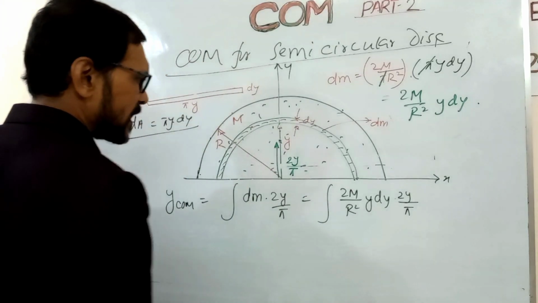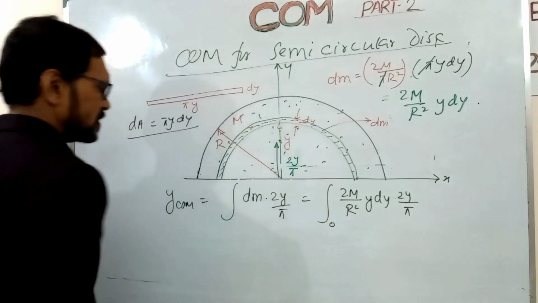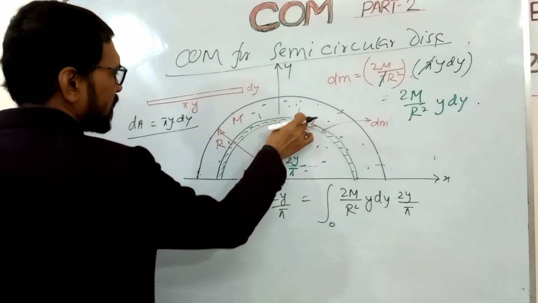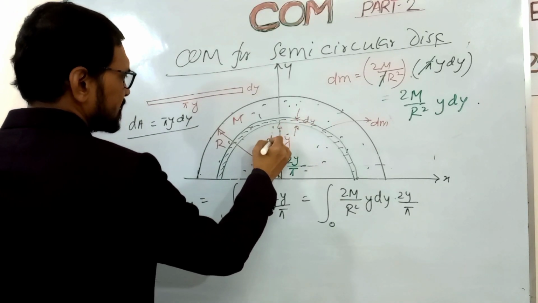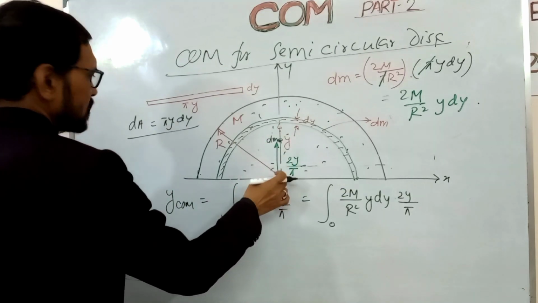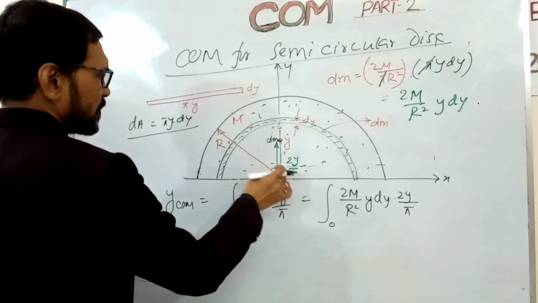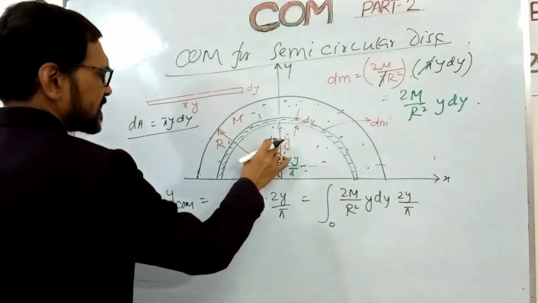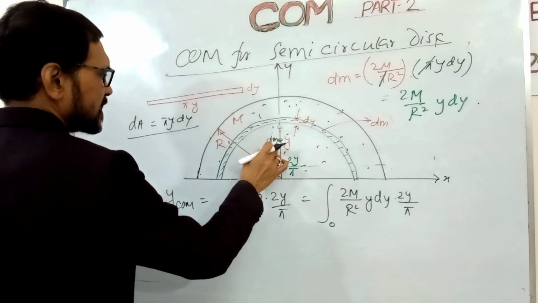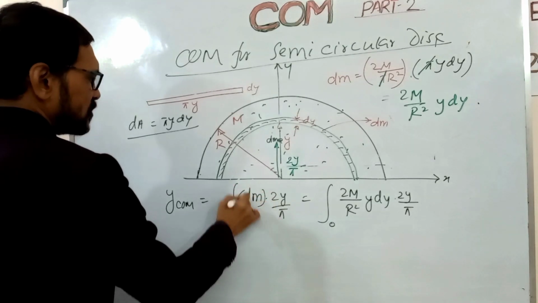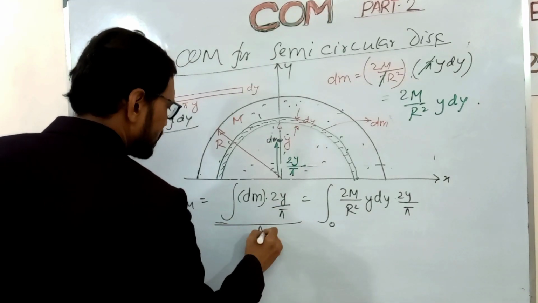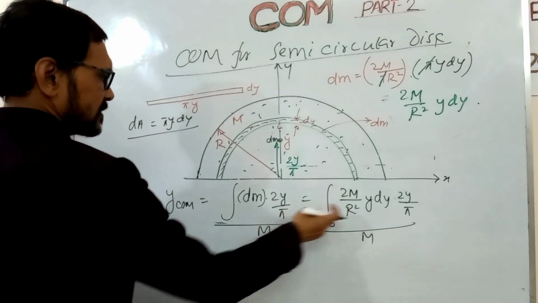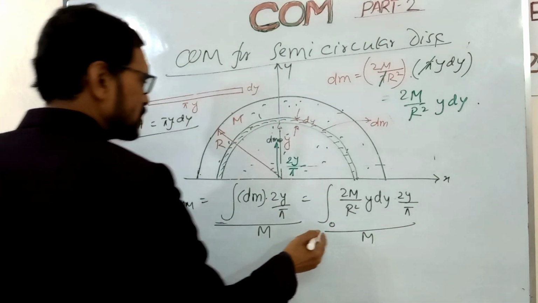Here we consider the whole mass of the elementary ring concentrated at its center of mass, so we take dm into this distance, divided by the total mass m. Here y varies from 0 to r.